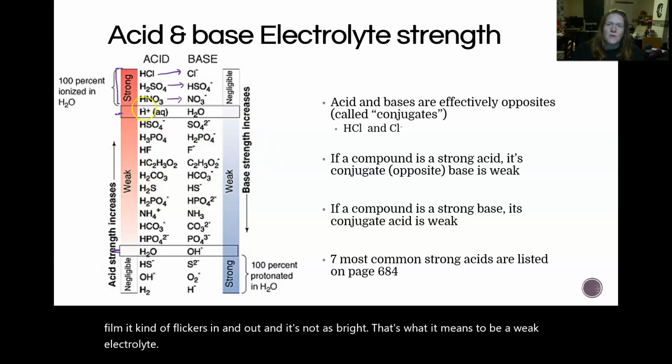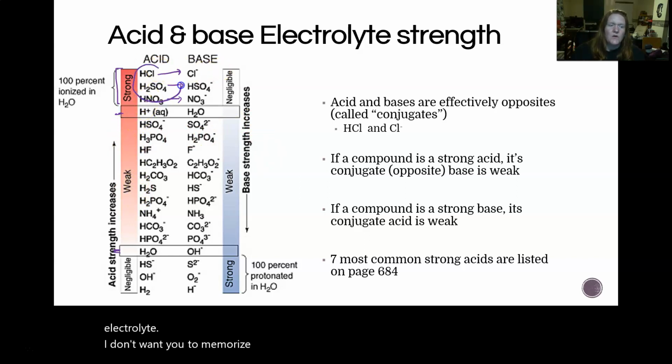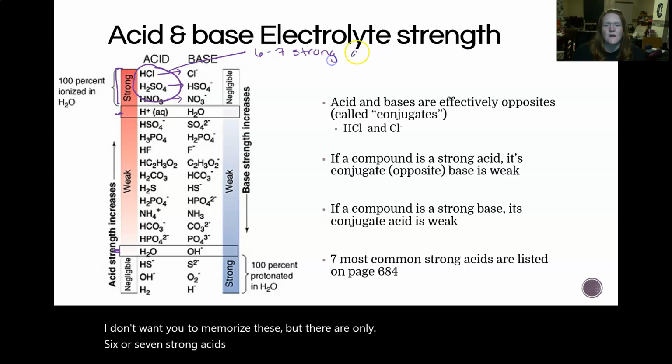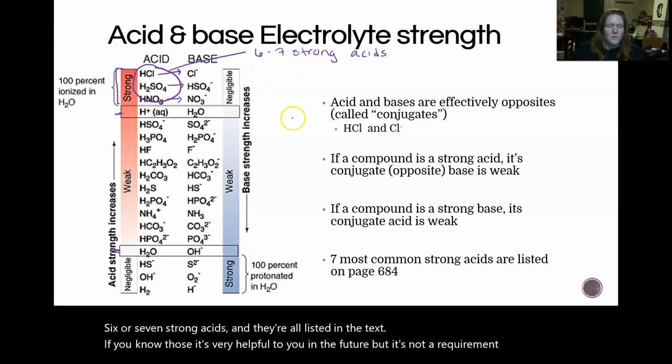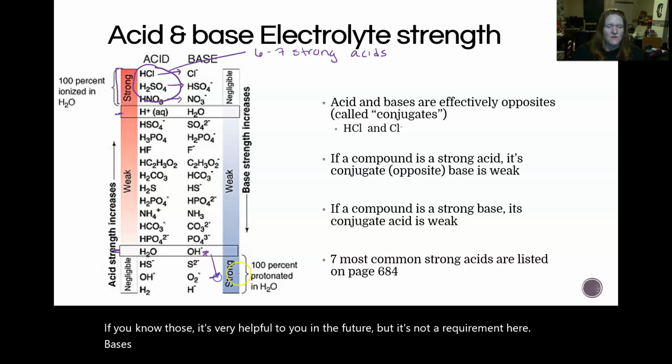I don't want you to memorize these, but there are only 6 or 7 strong acids, and they're all listed in the text. If you know those, it's very helpful to you in the future, but it's not a requirement here. Bases, OH minus and everything down is strong.